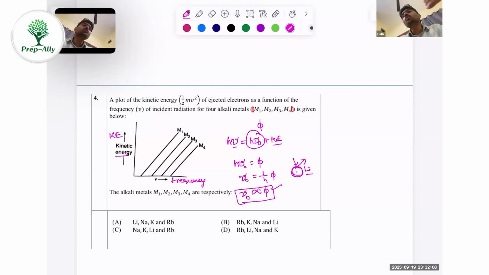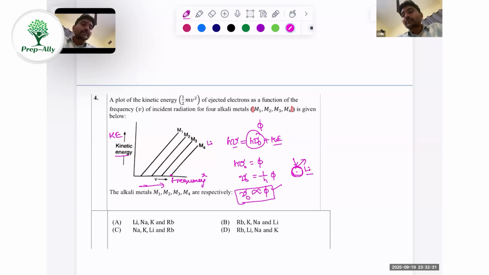So we need to do more work. So we need to apply more frequency. So obviously lithium will have more work function. So lithium should have the highest frequency. Moving left to right on the x-axis, frequency is increasing. So your M4 should be lithium.